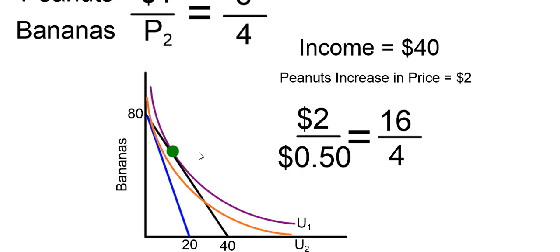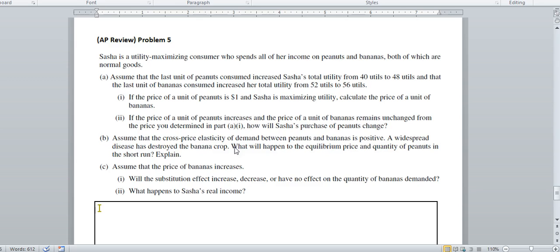Now, let's just assume that the price of peanuts went up to $2. That's actually what the question was, what happens when the price of peanuts goes up and the price of bananas remains unchanged.